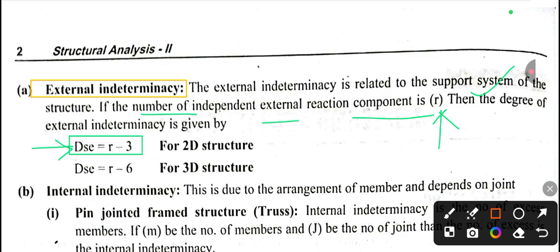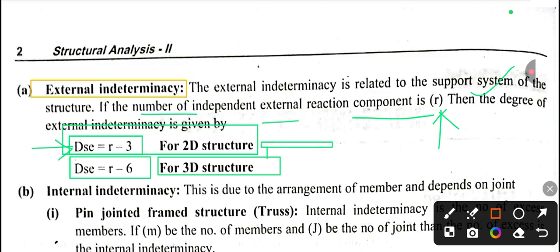This is only for the 2D truss. And DSE equal to r minus 6 is for the 3D truss. You can see here, this one is for 3D and this one for 2D. So DSE equal to r minus 3 for the 2D structure and DSE equal to r minus 6 for the 3D structure.